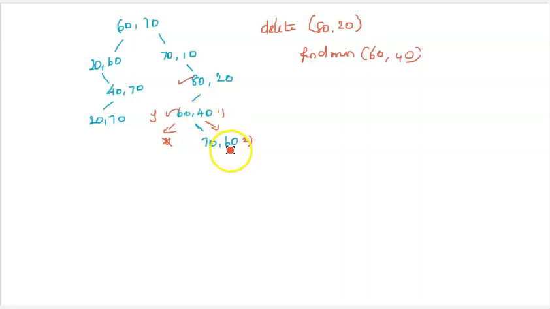So among these two, which of this has lesser value for the X dimension? This is 60. Okay, so now this is going to be the minimum in this subtree. So find minimum from 60-40 will actually return only 60-40. So I have to replace the 60-40 in the place of 80-20.